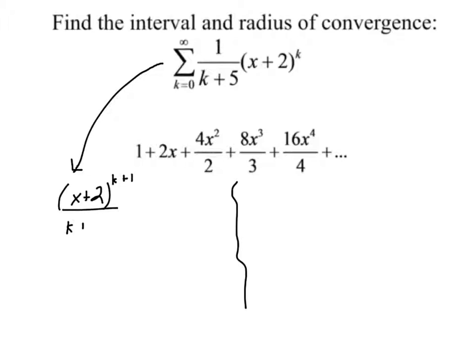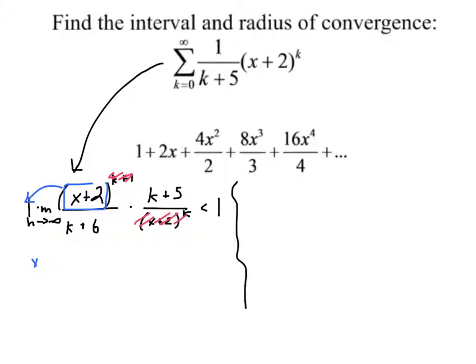Now k plus 1 plus 5 is k plus 6. We need the limit to be less than 1. We do our algebra. Okay, we take our x statement stuff and put it out front.